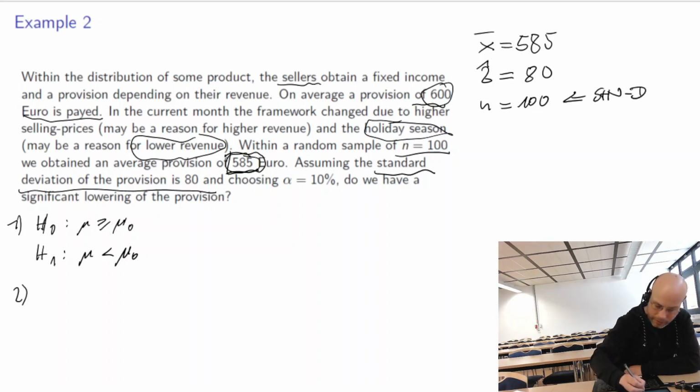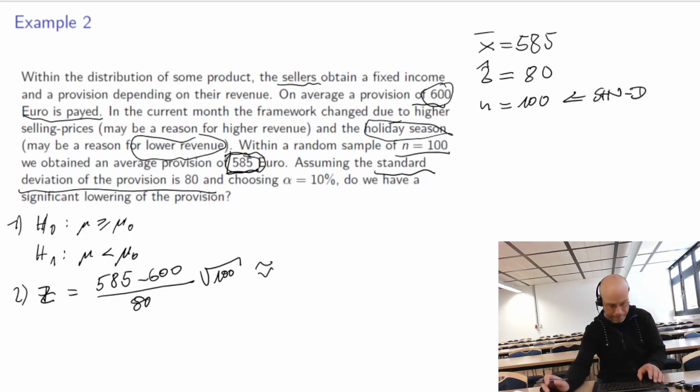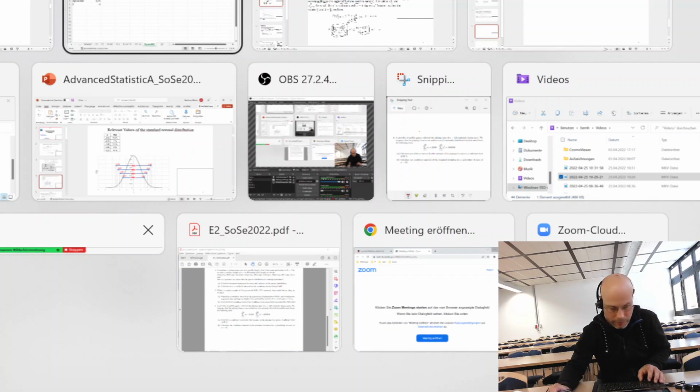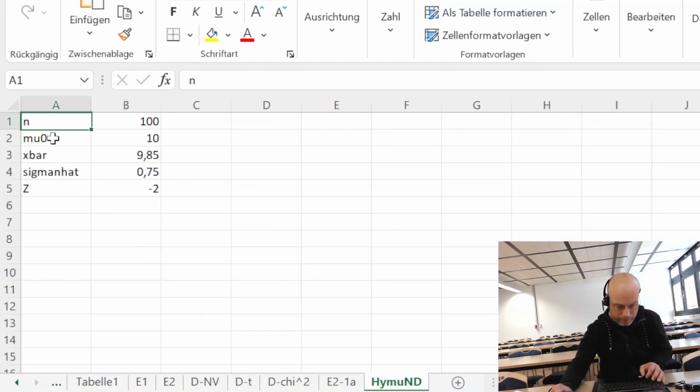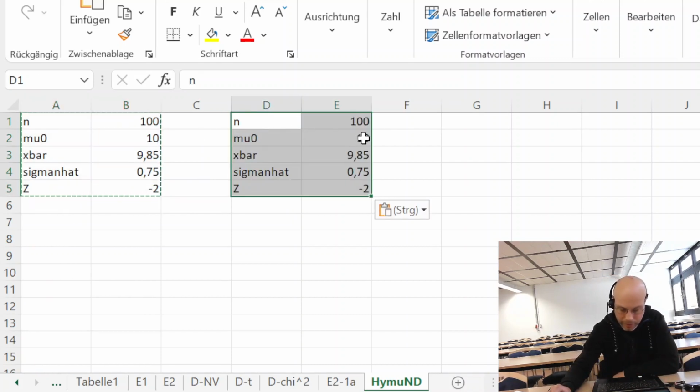So we calculate our test statistic Z again: 585 minus 600 over 80 times square root of 100. Let's just copy it.